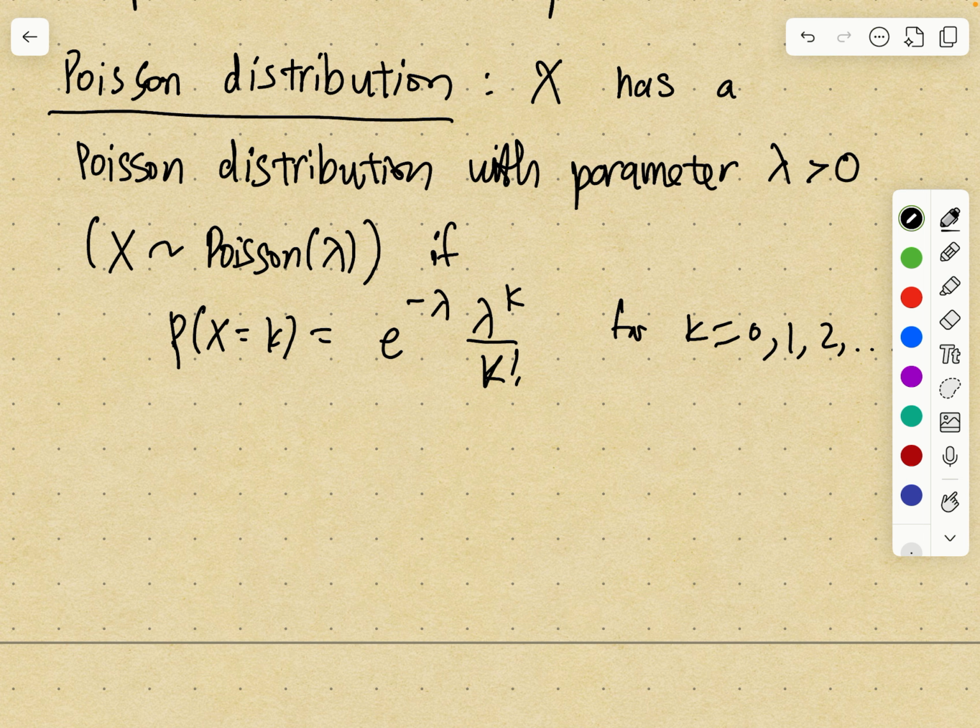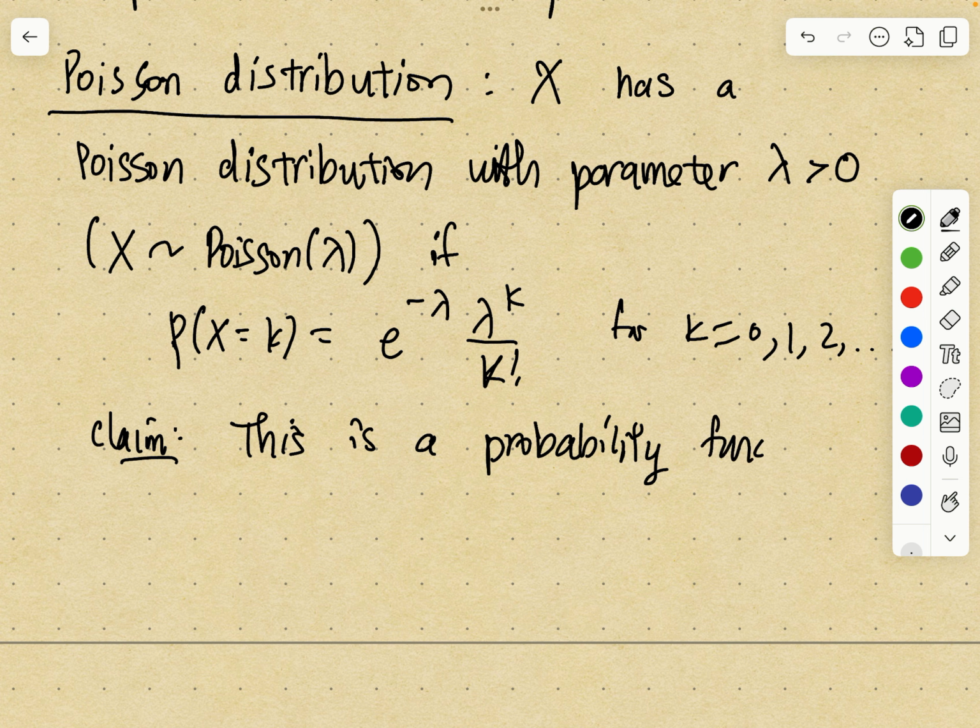One can check that this is a probability distribution. Let's check that this probability function is in fact a probability distribution. What we need to check is that when you sum over all the possibilities of k, these probabilities of X equals k, you get 1.